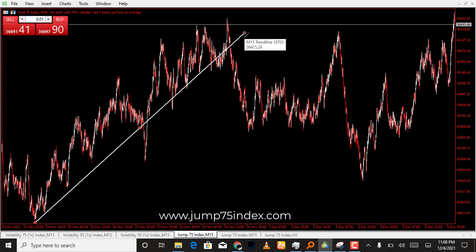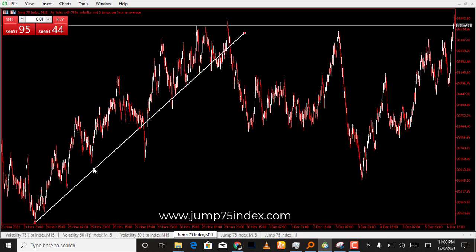As you can see, the market was moving in a bullish trend, but it was having a lot of rejection. It rejected here, but it didn't touch our trend line. It rejected here and it didn't touch our trend line, guys.